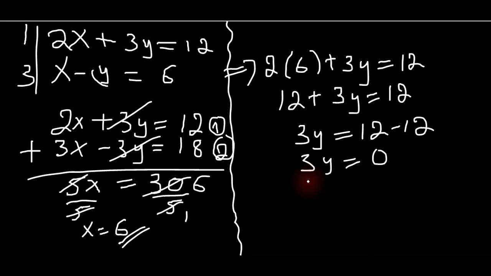I'm going to divide both sides of the equation by 3. So 3 is going to take off this 3, and we are going to be left with y equal to 0 divided by 3 is 0.